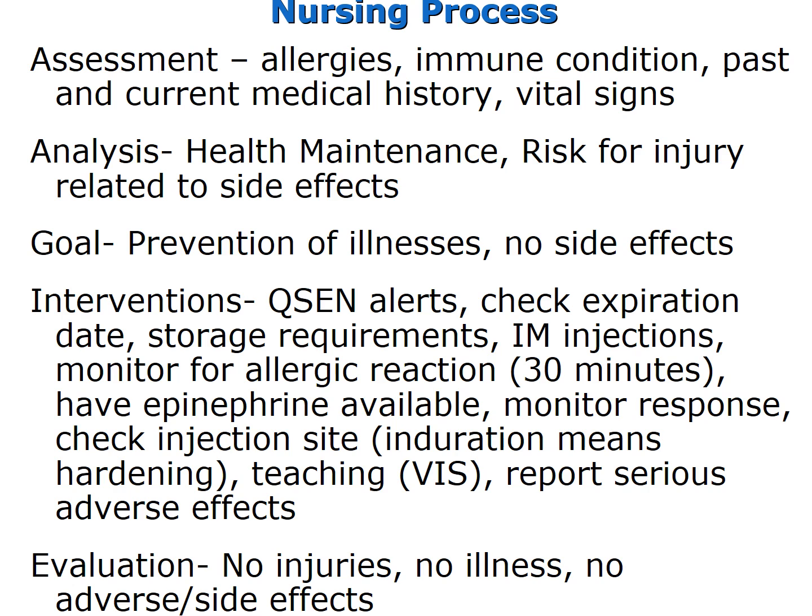Those vital signs are going to include temperature, blood pressure, pulse, and respiration. Our analysis or nursing diagnosis is going to be health maintenance. Anybody getting vaccinations, they're trying to maintain their health, so they're going to have health maintenance. And because we're giving medicines, we're always going to have a risk for injury related to those adverse effects or side effects.